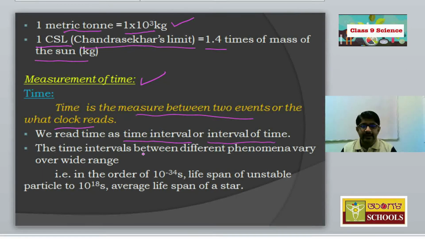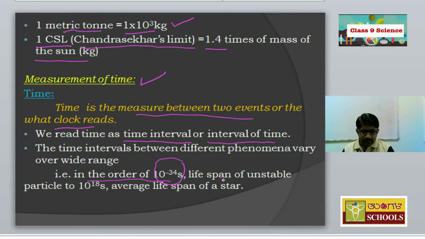The time interval between different phenomena varies over a very wide range. In the atomic standards, it is of the order of 10 to the power minus 34 second, which is the lifespan of an unstable particle.